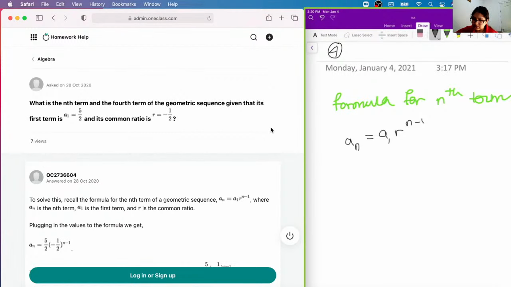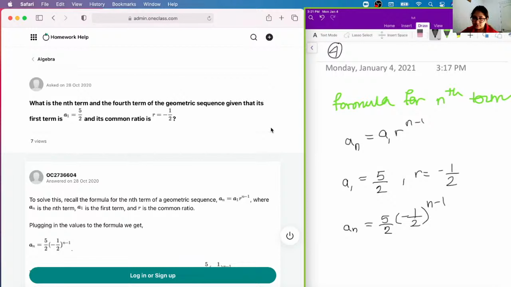Okay, and since we are given a1 as 5/2 and r as -1/2, we can put this into our equation. We can say that a sub n is equal to 5/2 times (-1/2) to the power of n minus 1.